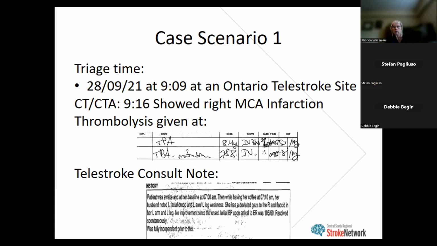I'll give it to maybe 140 and then I'll stop the poll. Okay, I'm going to end the poll and I'll share the results.